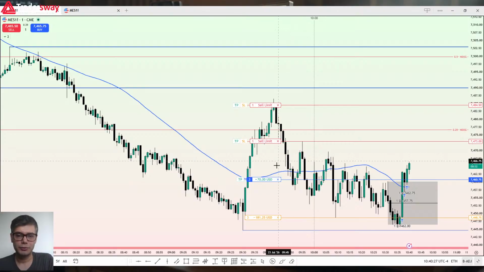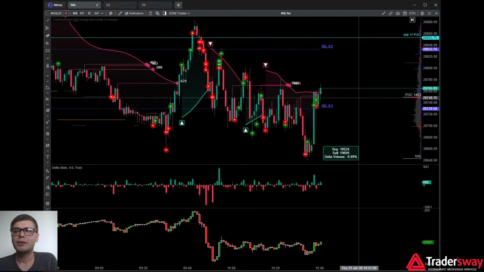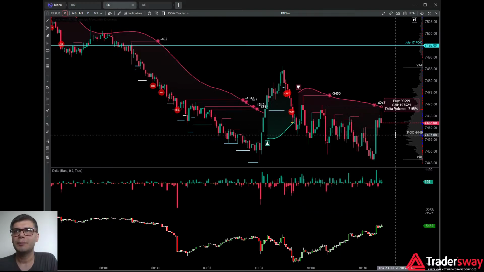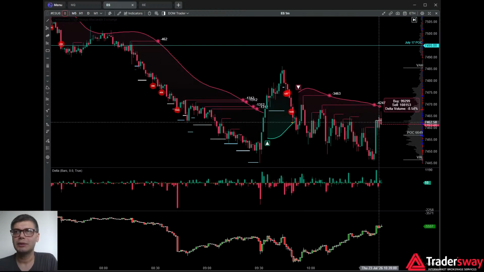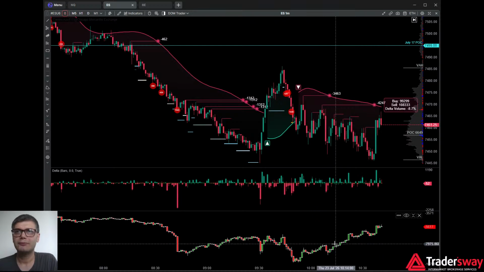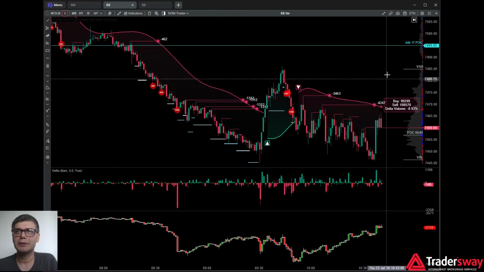It's above the point of control. Let's take a look at our order flow. Nasdaq is above the daily point of control. ES is above the daily point of control. Let's see if these levels can hold. On this red candle, it touched the POC and then went higher. Look at the delta. They are very aggressive, but the price did not make a new high.